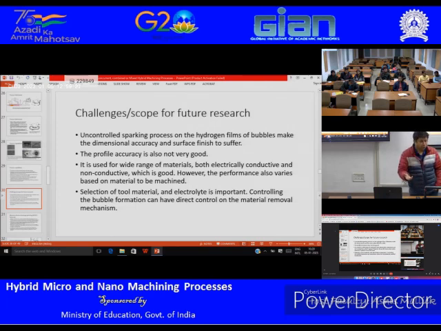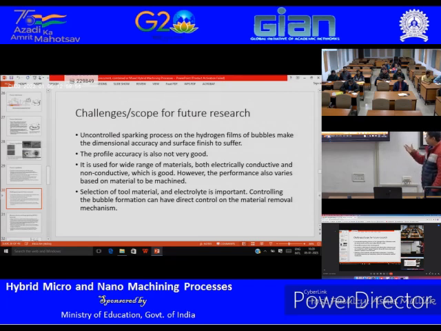How to control that? It is used for a wide range of materials, which is good, but the performance can also vary from material to material. You already saw that, right? When you are machining electrically conductive materials versus glass, the performance is significantly different. So how can you improve that for different materials?